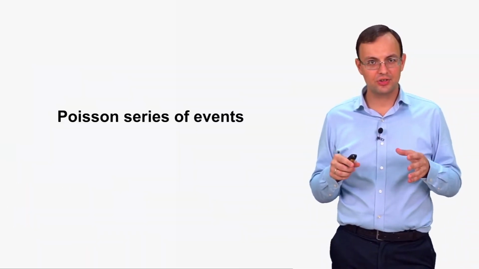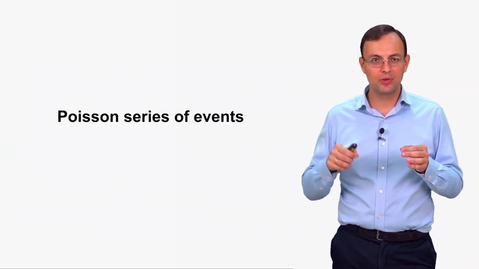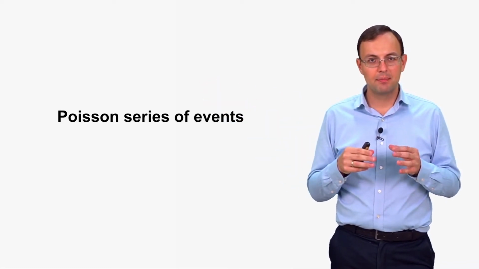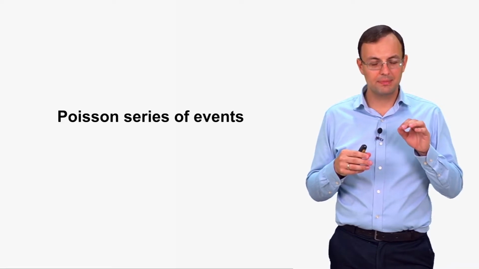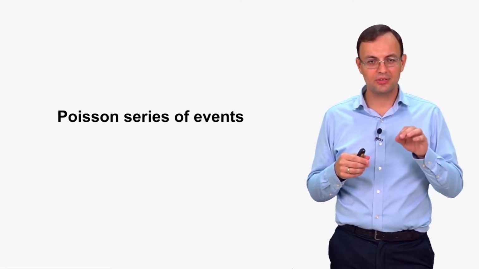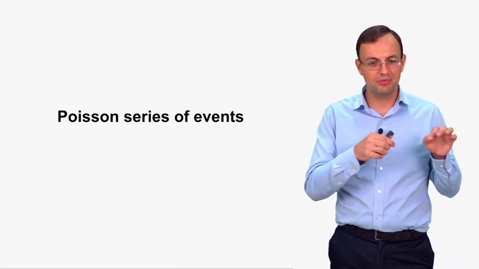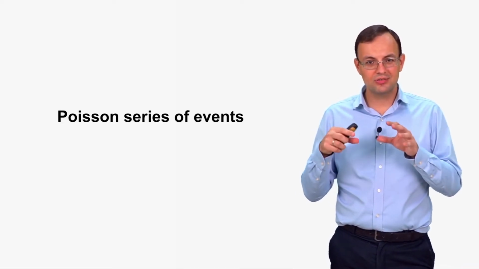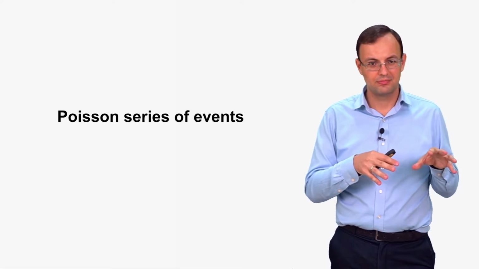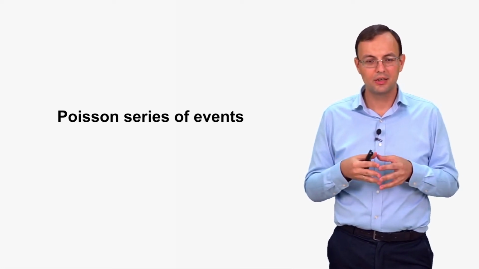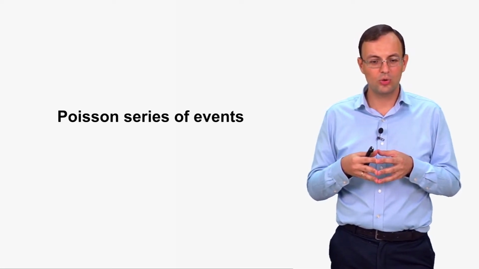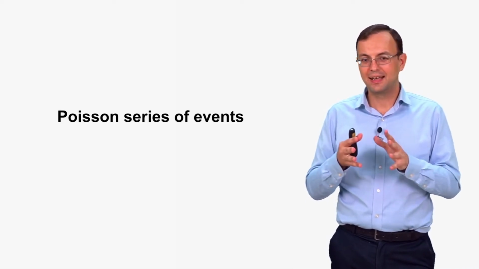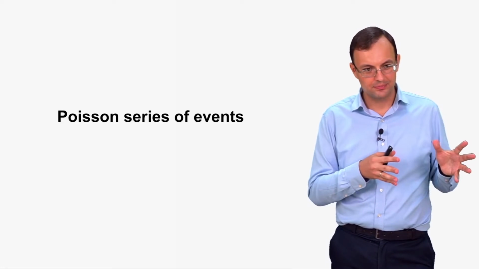The second condition is that moments of future events of our series must not depend on the moments of the previous events. So the future does not depend on the past. It depends only on what is happening just now, not on what has already happened.